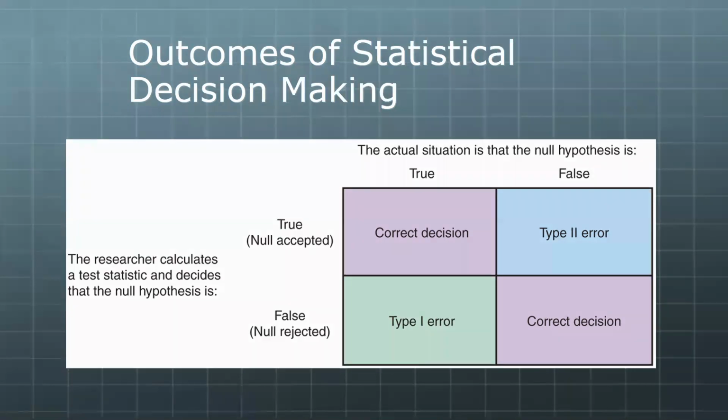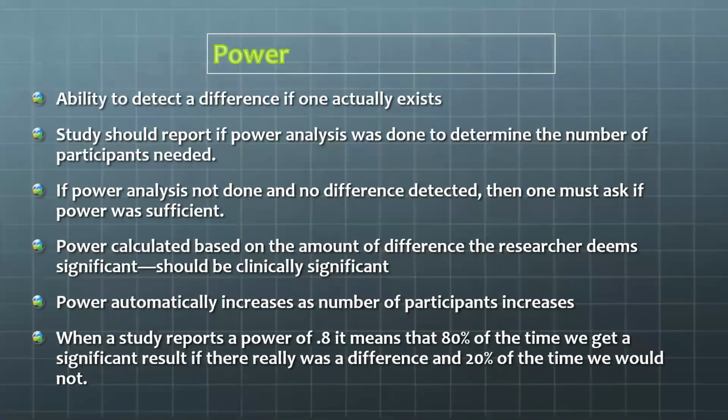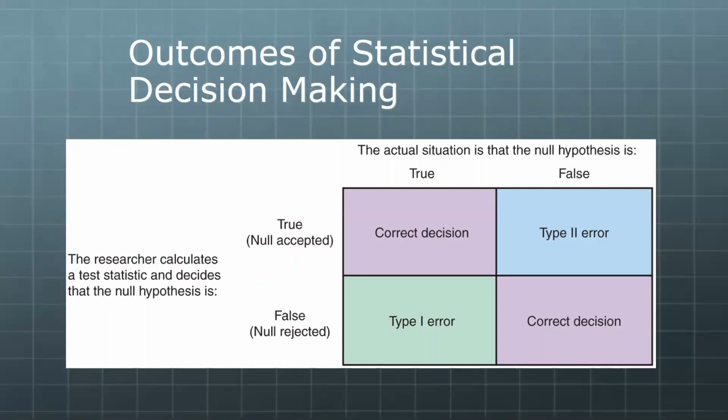Remember, this would be a study that shows no difference between the intervention group and the regular population. So the null hypothesis is accepted, that there's no difference, and the null hypothesis is true.